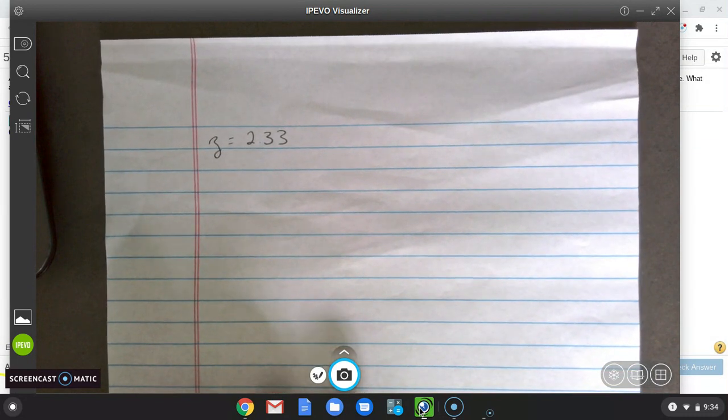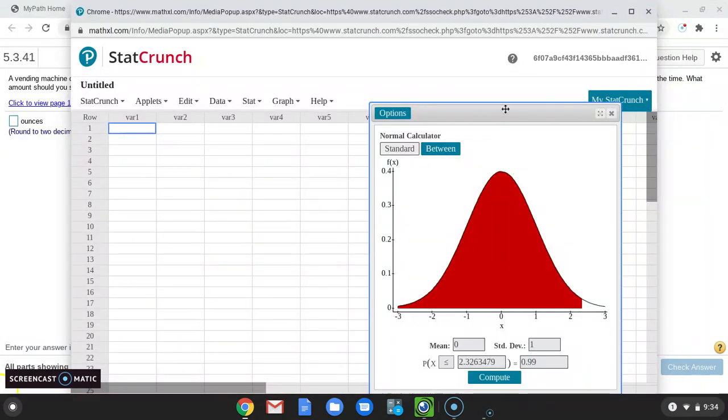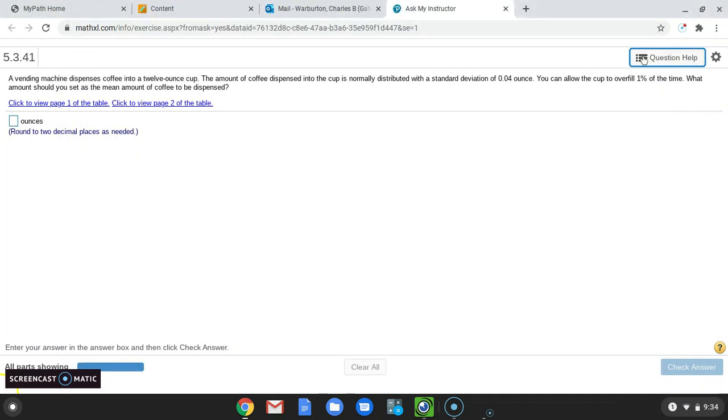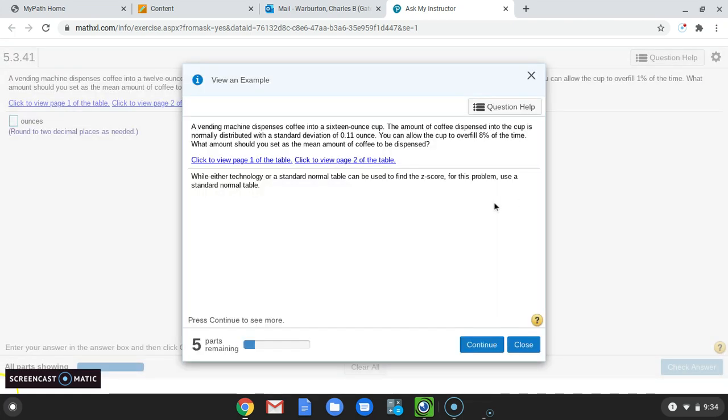And now I need to use the formula to find the individual value. Let's make sure we know what formula we're using. Remember, if you go to the example, they give you the formula. We already got our z-score.